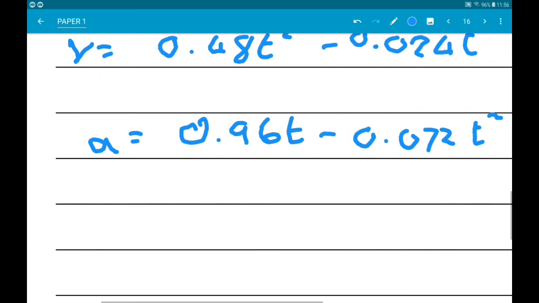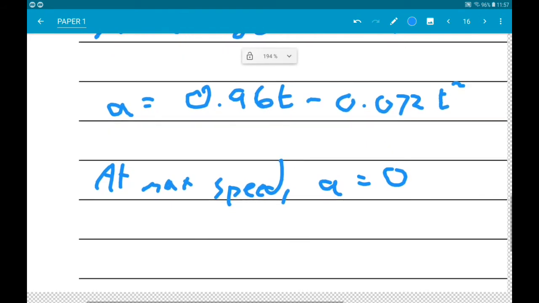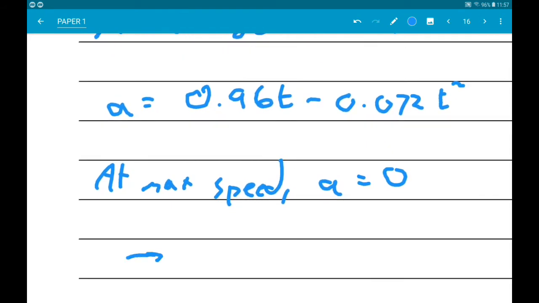So again, at max speed, A is equal to 0, so that means then that 0.96t minus 0.072t squared is equal to 0.